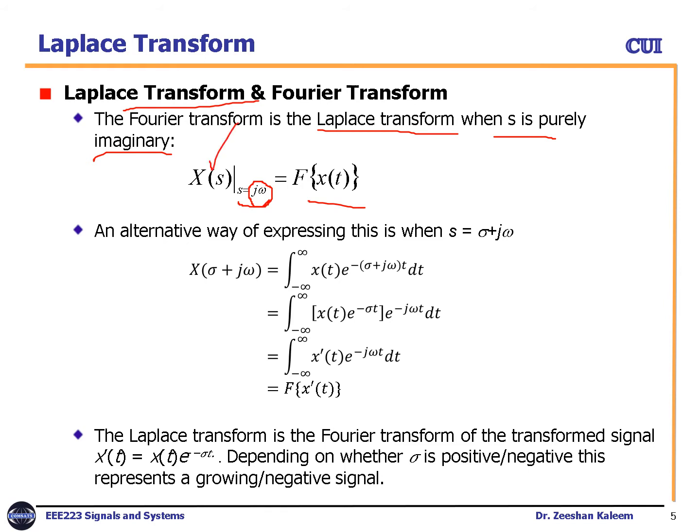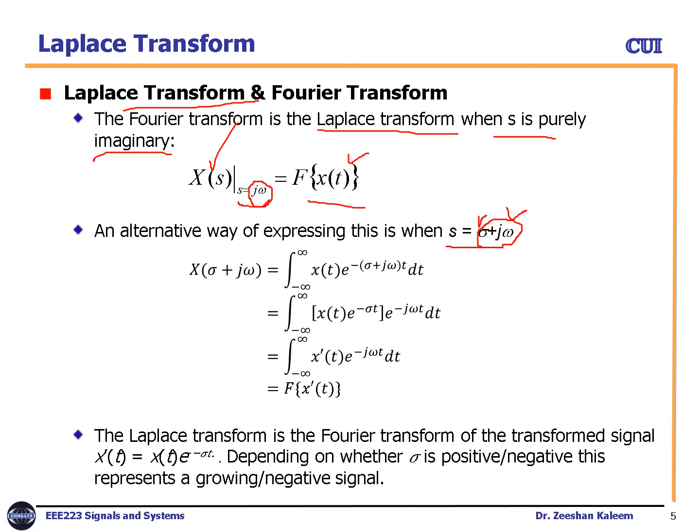An alternate way of expressing this is s equal to sigma plus j omega. When s is not purely imaginary and is a complex number, it can be written as a real part plus an imaginary part.